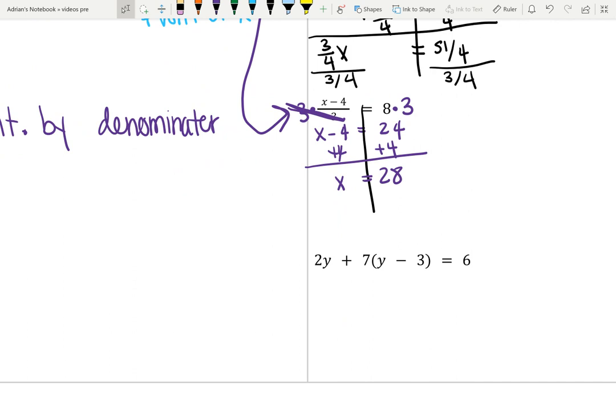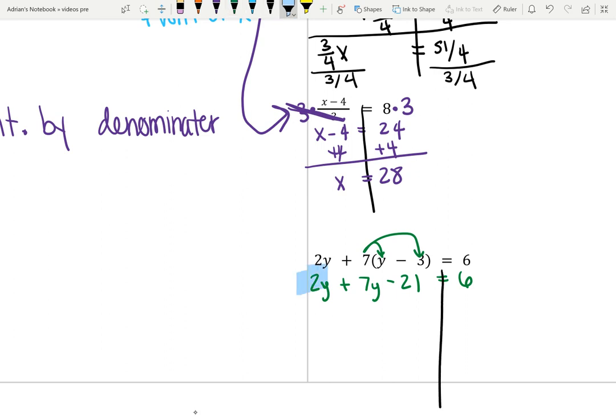All right, looking at this one, I don't have like terms yet, but I will after I distribute. So I'm going to deal with my distribution first. So I can see I do have a y. I have it twice here, and those are going to have to be combined, but I have to deal with my distribution first. So my 2y will stay the same. So 2y plus 7y minus 21 equals 6.